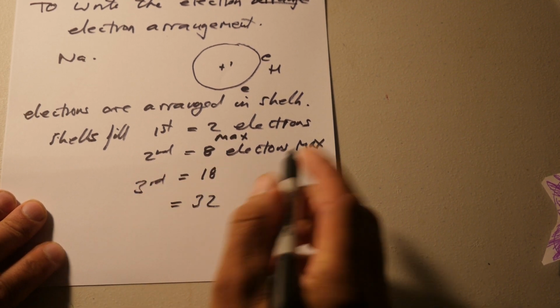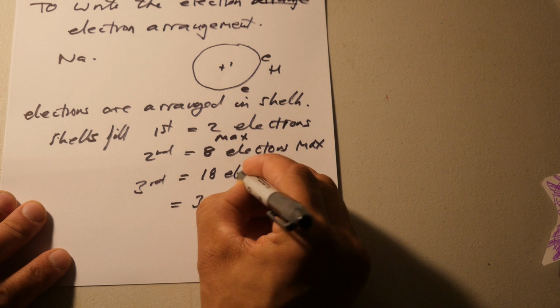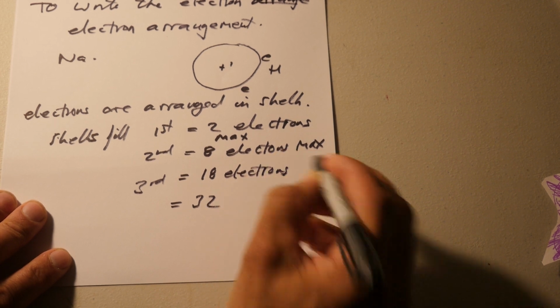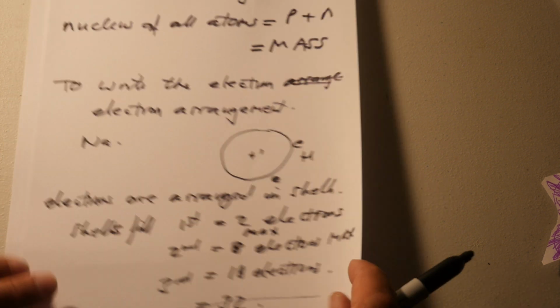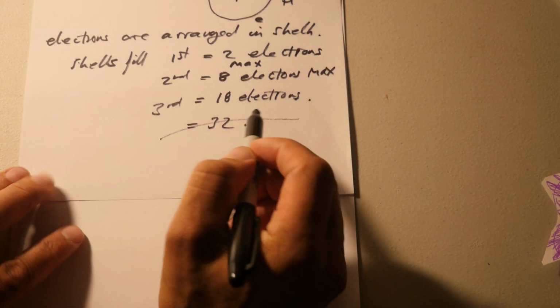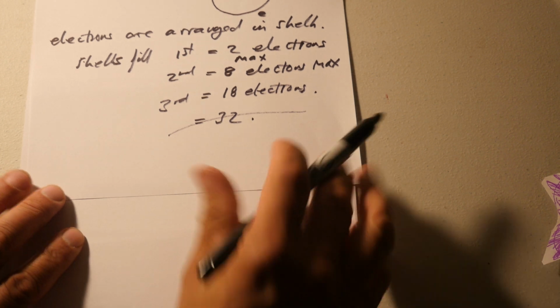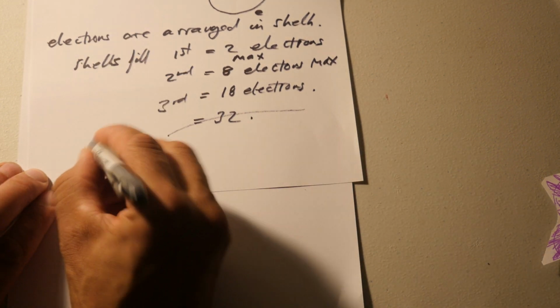Third is 18 electrons. That's all you need to know, okay? You don't need to worry about this one for National 5 anyway.